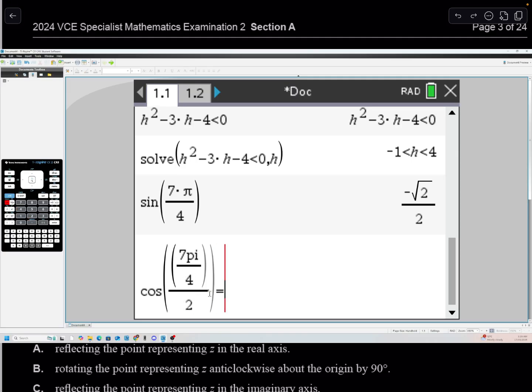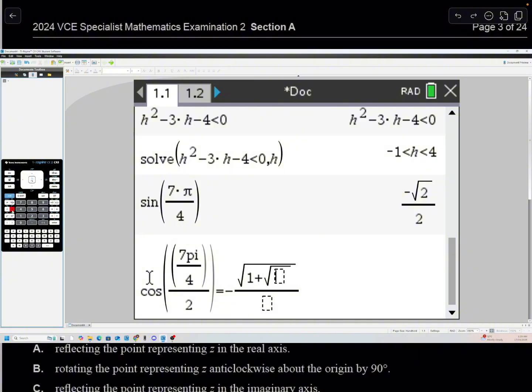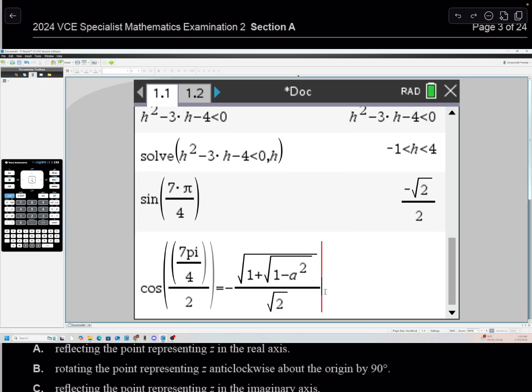I'm going to try the first one, which is negative the square root of 1 plus square root 1 minus a squared over root 2, where, of course, given that I know that my a value is negative root 2 over 2.